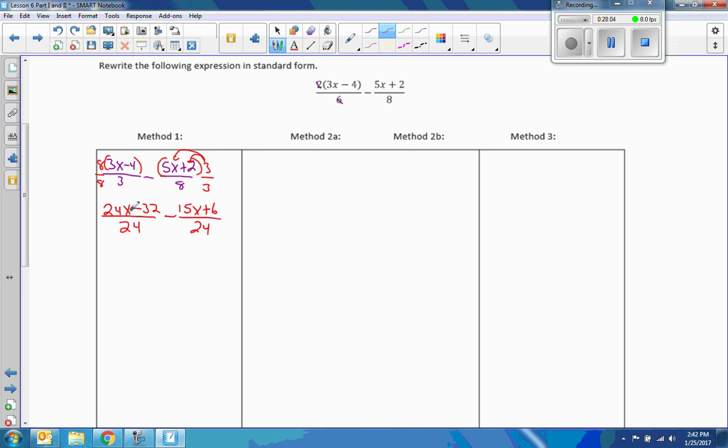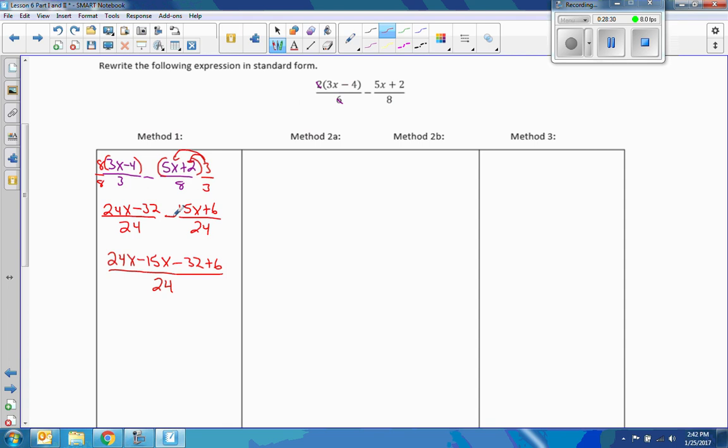Over 24. So then I take my like terms and I can combine these, and I can rewrite this as 24x minus 15x minus 32 plus 6. So I'm just combining my x's and my minus 32's, putting them all in one numerator over 24.